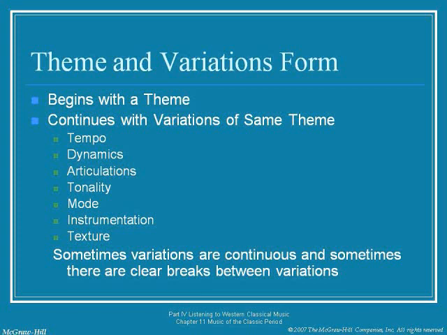Sometimes those variations could be its dynamic level, sometimes it might be which instruments play it, sometimes you might change what was a homophonic idea into a polyphonic texture. The key or mode is often changed. Usually when those things happen, they just continue as the piece moves forward.